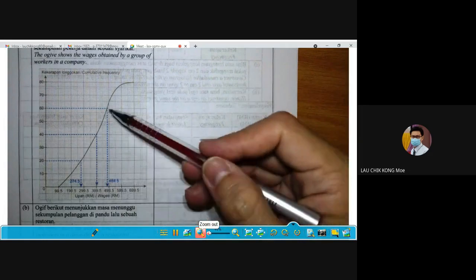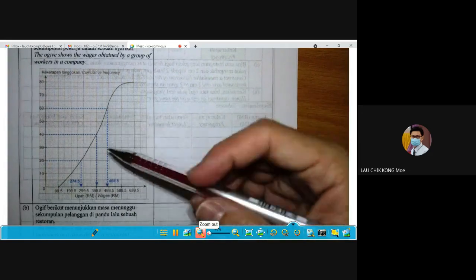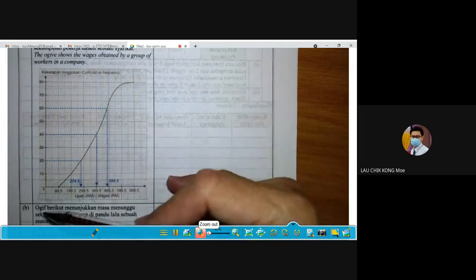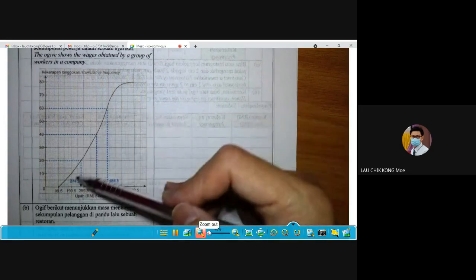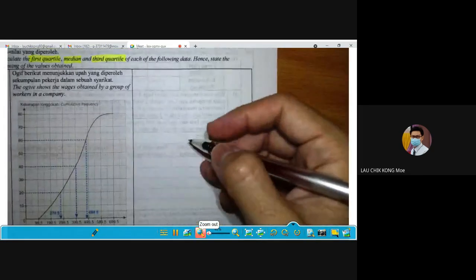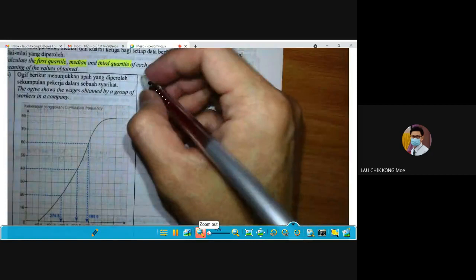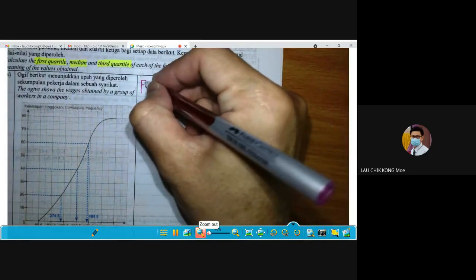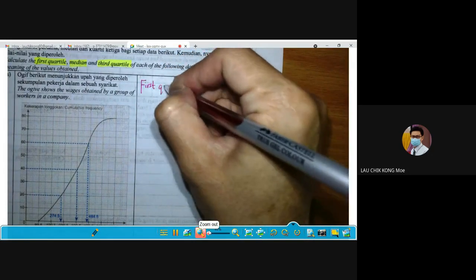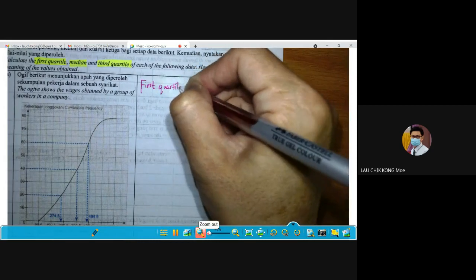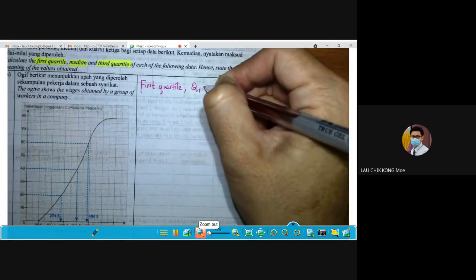And then ini contoh ini saya pun telah sertakan apa nilai ini kita nak tengok. So how to find the first quartile? Okay, first quartile. We use a Q1.